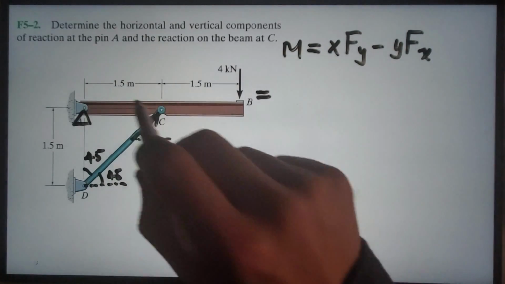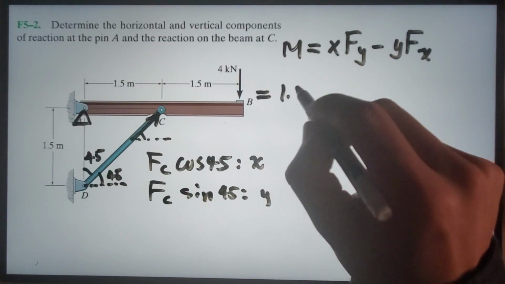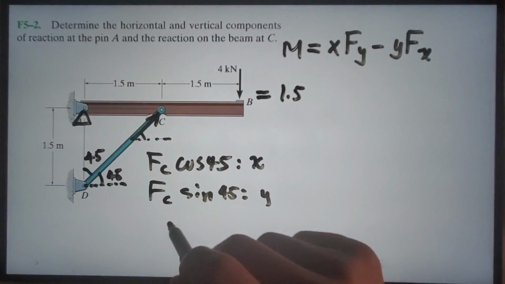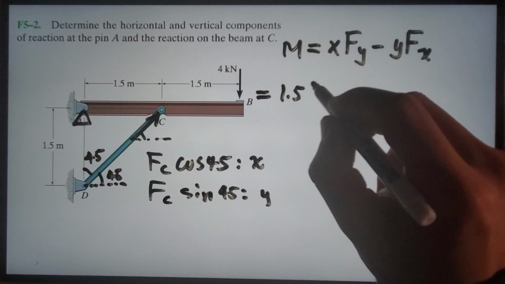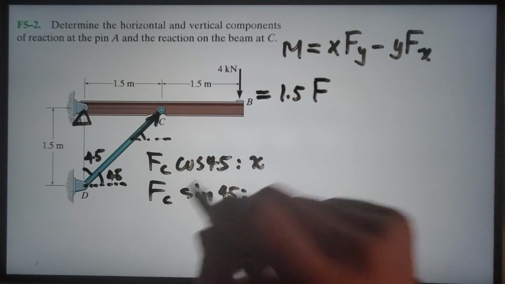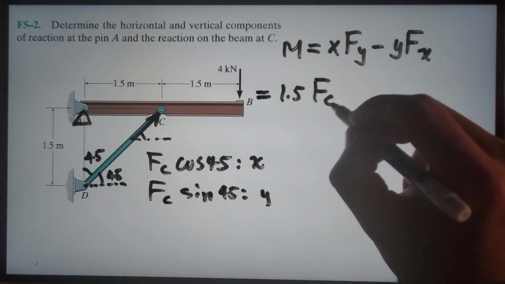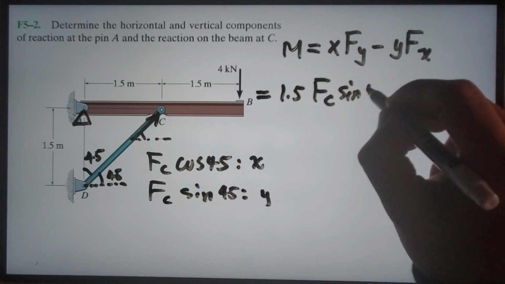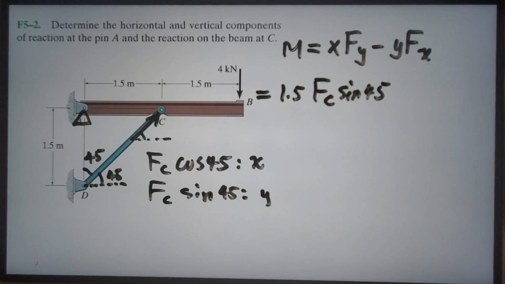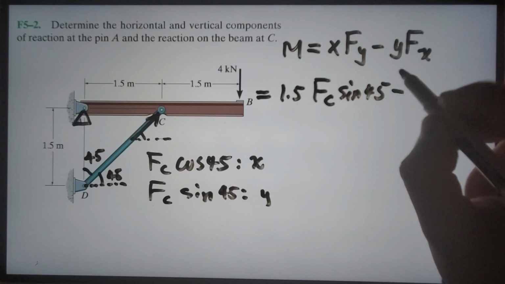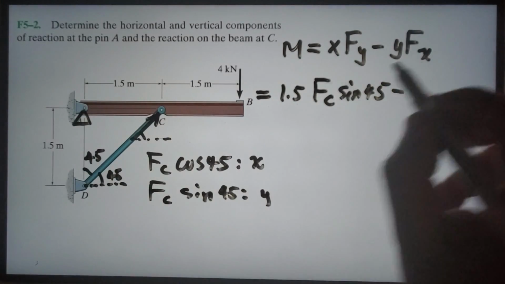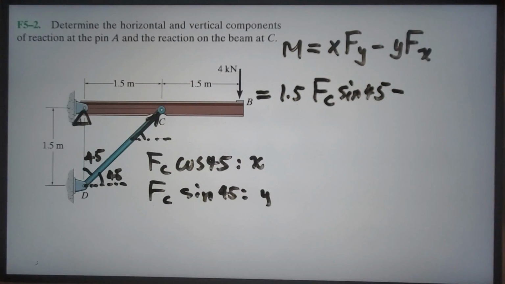Over here, X, 1.5, times the force in the Y direction. So that is force C times sine of 45, minus Y, which is 0, times force X, so it doesn't matter.